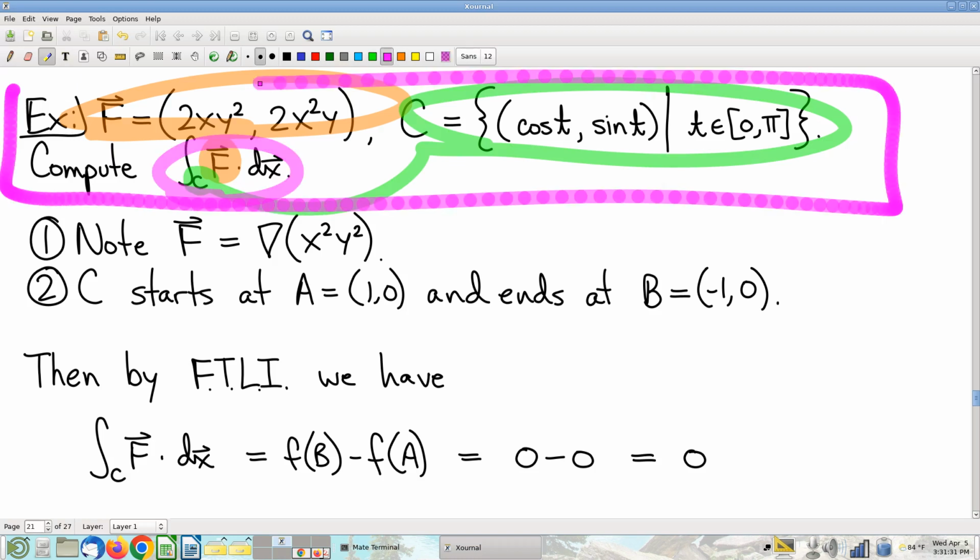Now, I do want to point out one thing before we get into the computation. Notice the statement of the question doesn't say anything about, hey, by the way, you should use the fundamental theorem of line integrals. Something y'all should be thinking about, and I'm going to have advice on this eventually.